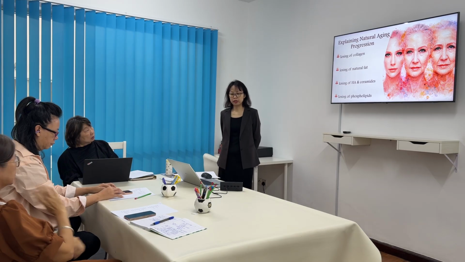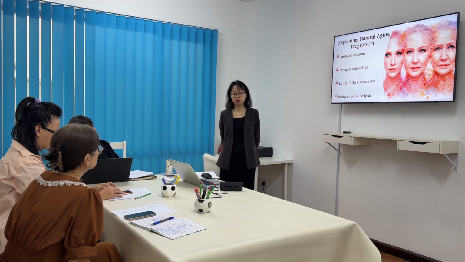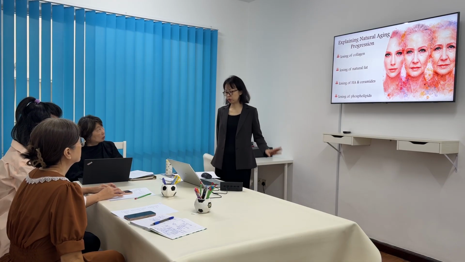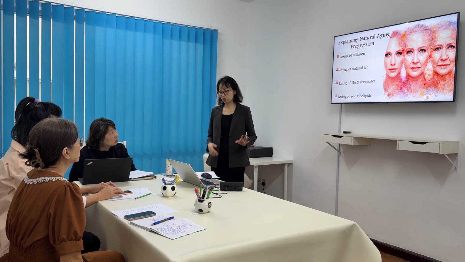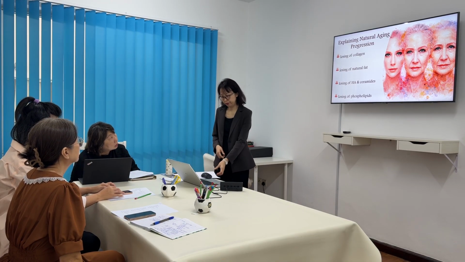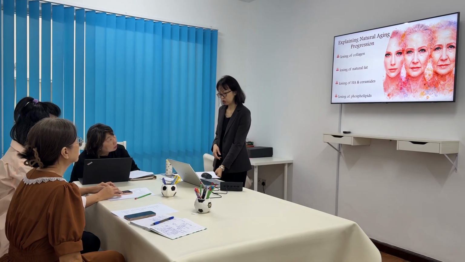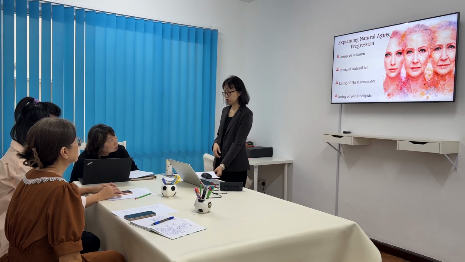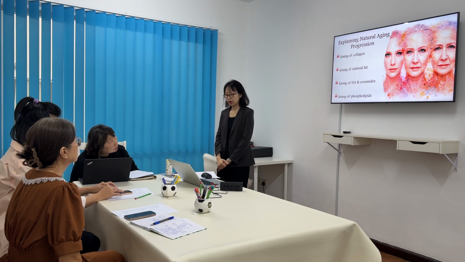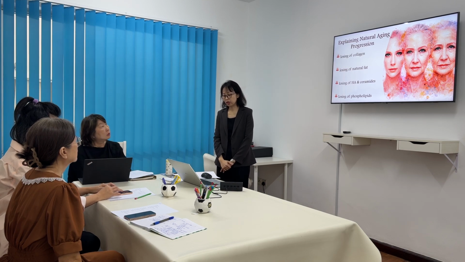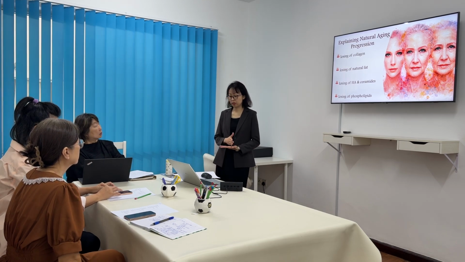The first one is the loss of collagen, so structural support declines. So what is collagen? It is the main structural protein in the body and skin. It keeps the skin firm, elastic, and supported.